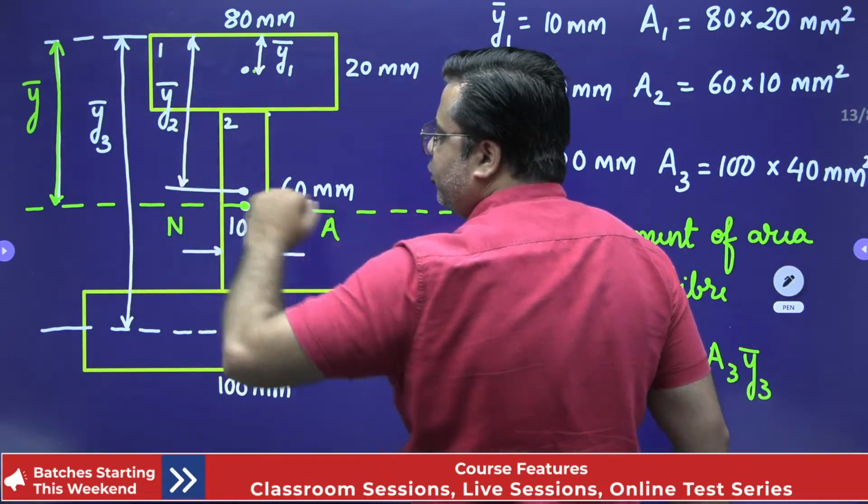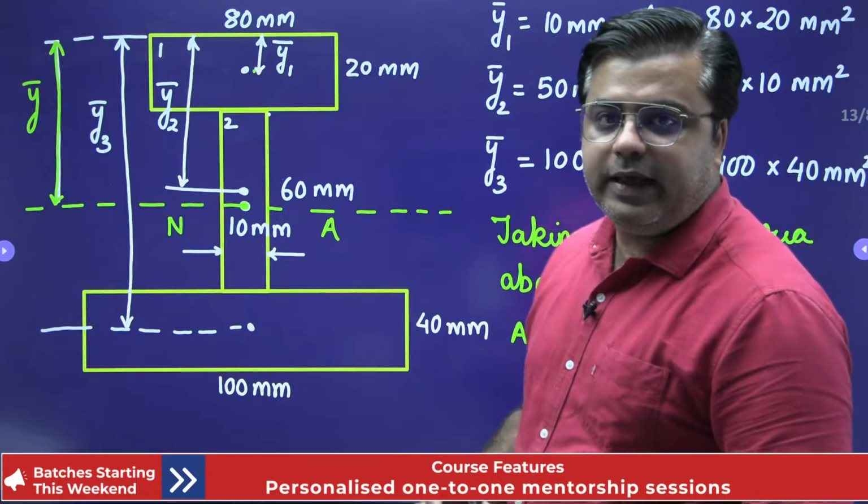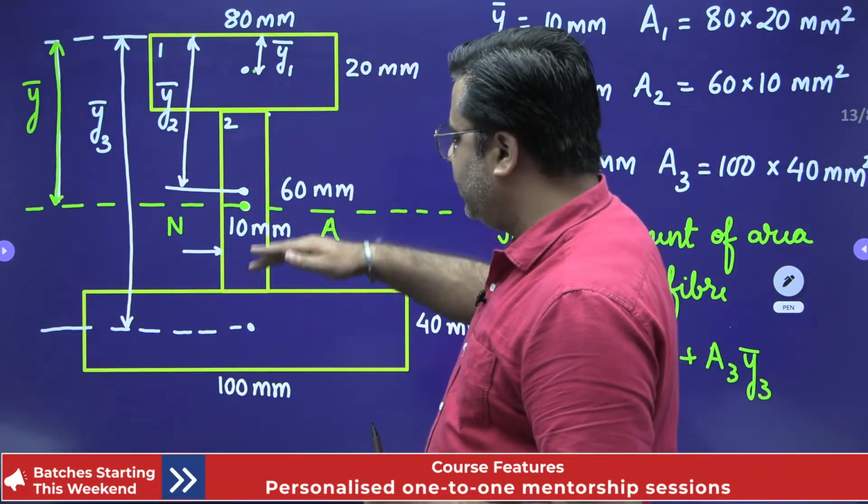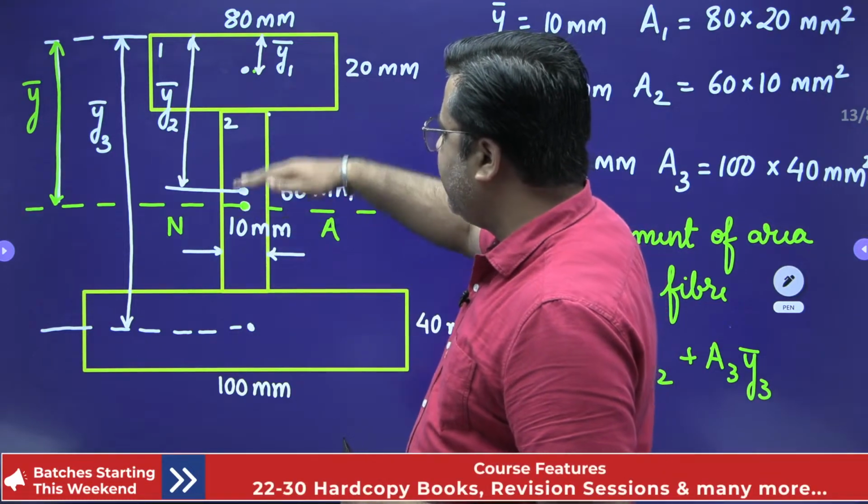If you calculate the moment of the entire area about the CG, it will be A1 plus A2 plus A3 multiplied by Y bar.